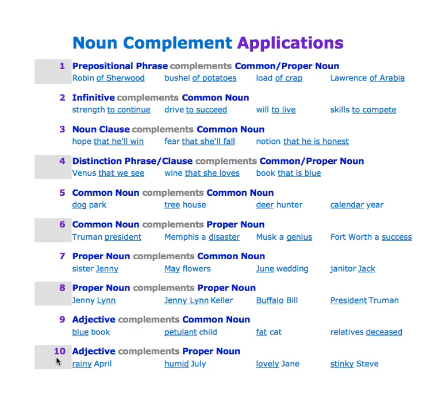Number 1, prepositional phrase complements common or proper noun. Number 4, distinction phrase or clause complements common or proper noun. Number 6, common noun complements proper noun. Number 8, proper noun complements proper noun. And number 10, adjective complements proper noun.